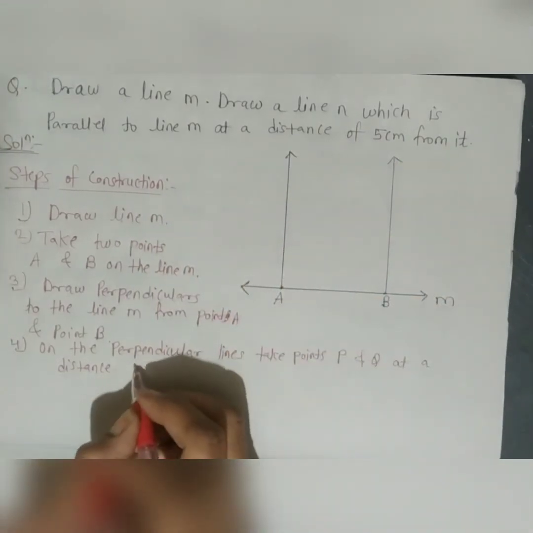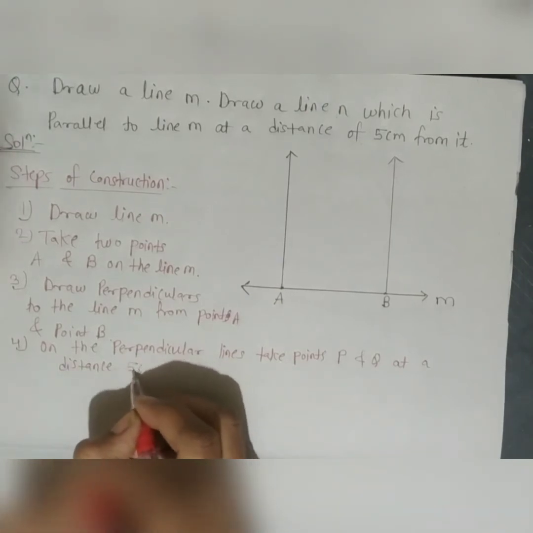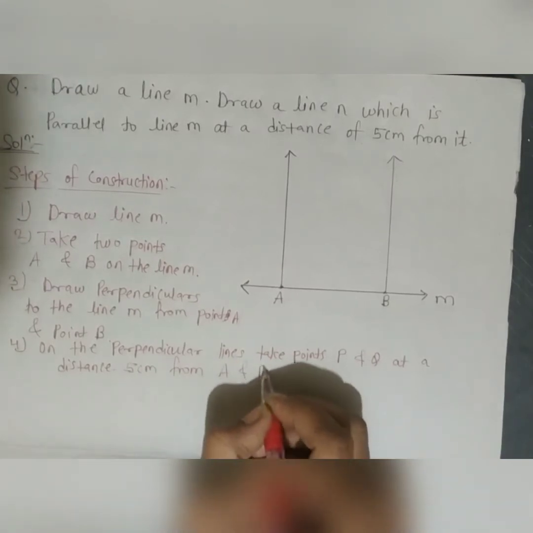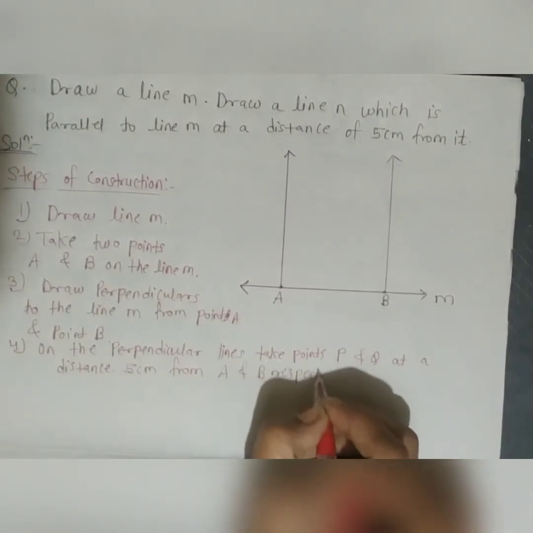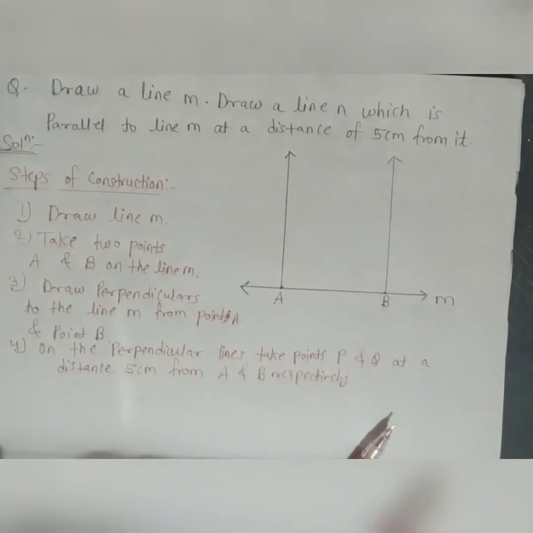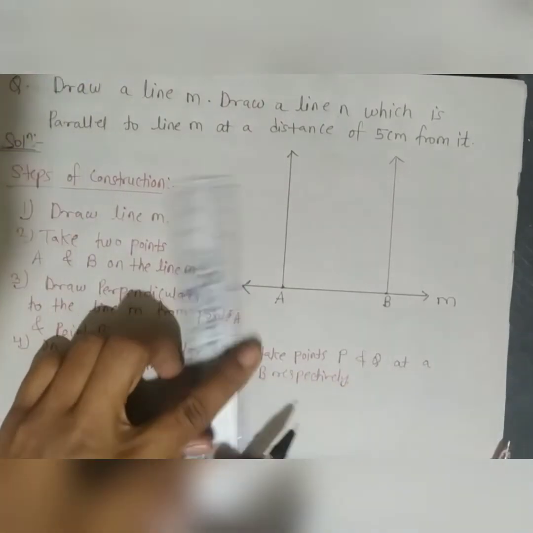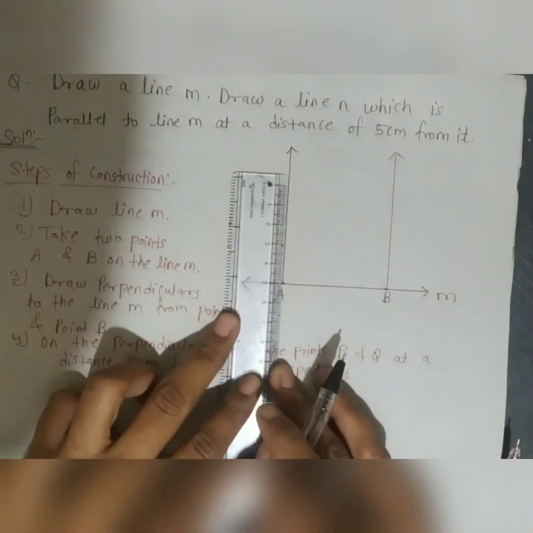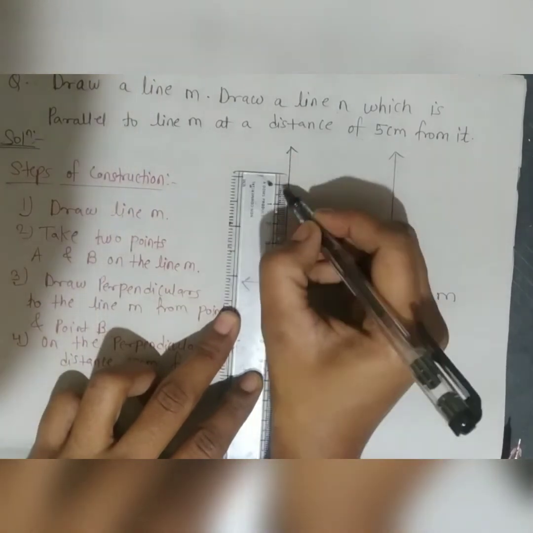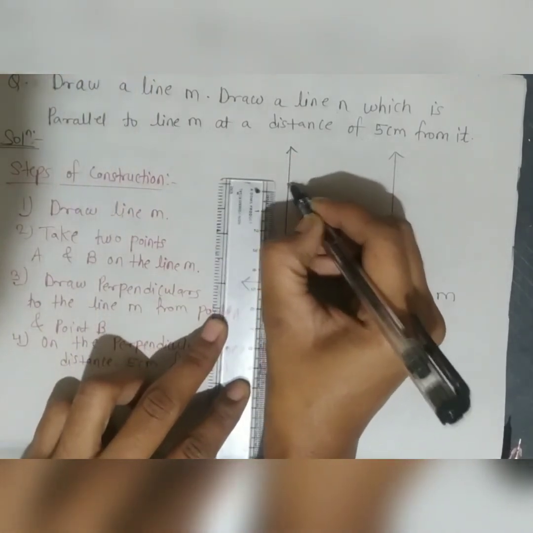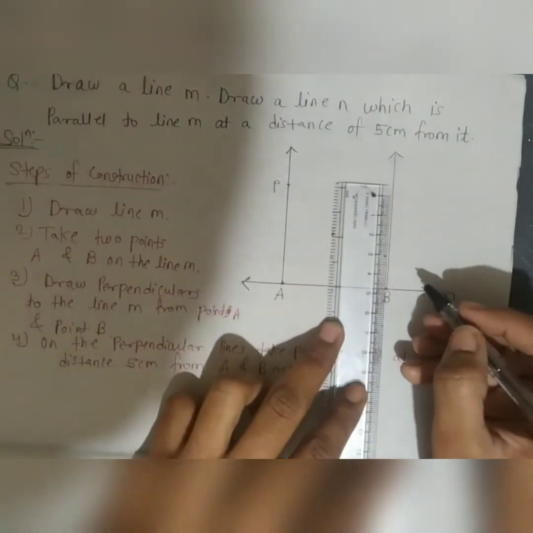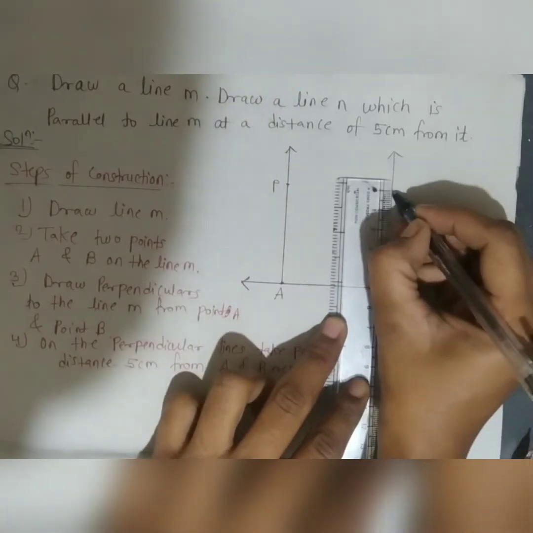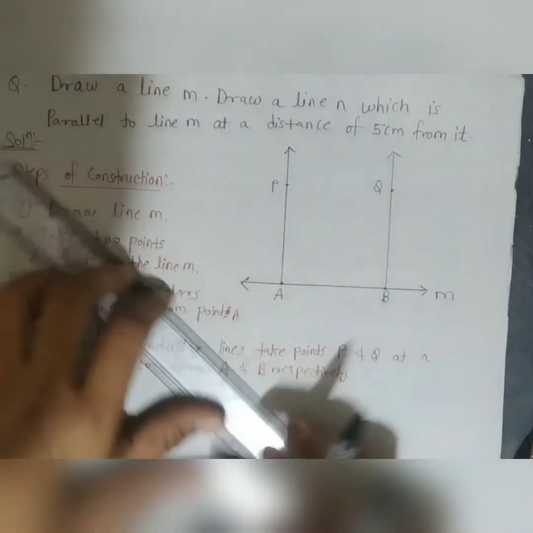So we take a distance, we write at a distance 5 cm from point A and B respectively. Now this is a 5 cm. This is my point P, and from here this is our point Q.